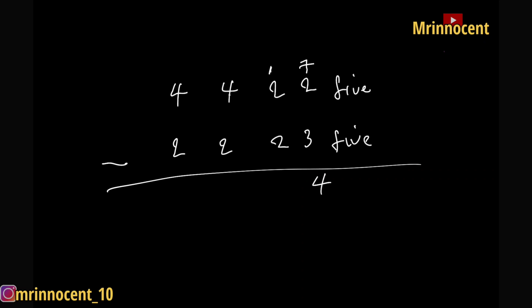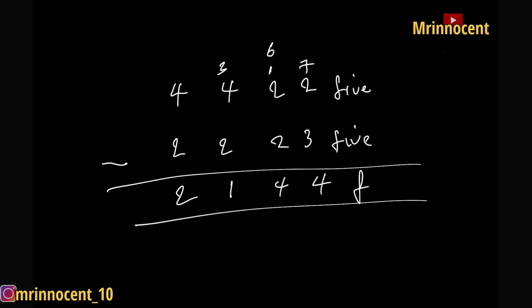This one becomes 1. Borrow one here, call this one 3. 5 plus 1 is 6, 6 minus 2 is 4. 3 minus 2 is 1, 4 minus 2 is 2, all in base 5.